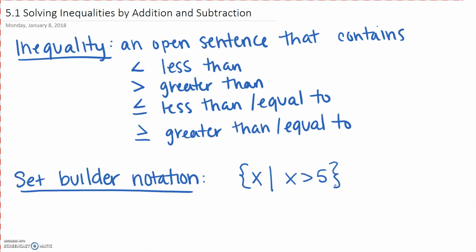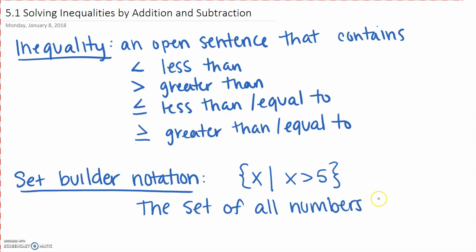Now, the way that you read this is kind of important. You read it as the set of all numbers x. So this is our x. That's the set of all numbers. In our case, we have the variable x. If it were a different variable like m or y or z, you would use that variable instead.